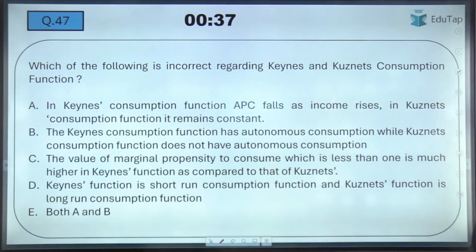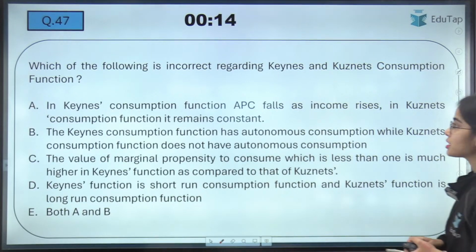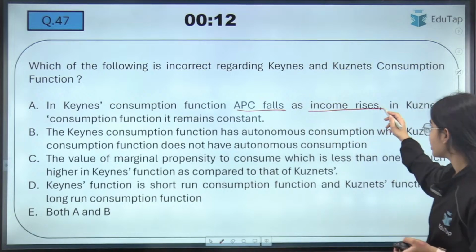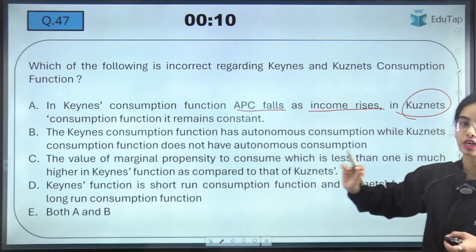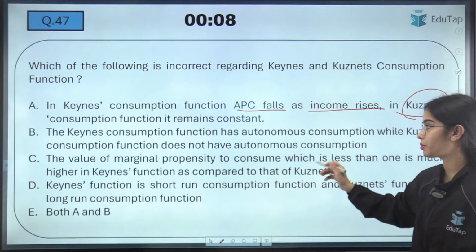What is the difference between the Keynes and the Kuznets consumption function? In Keynes consumption function, APC falls as income increases, while in Kuznets consumption function, it remains constant.